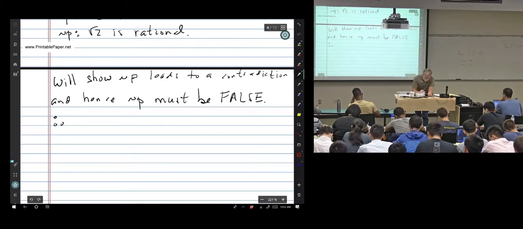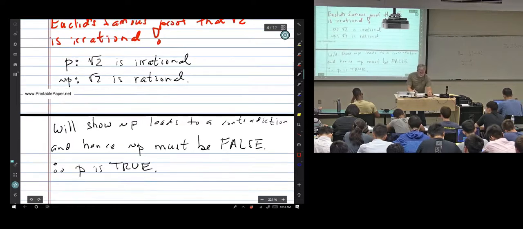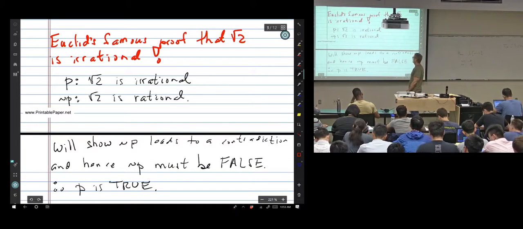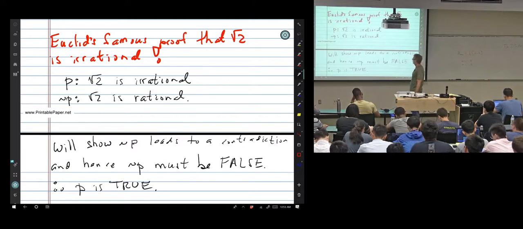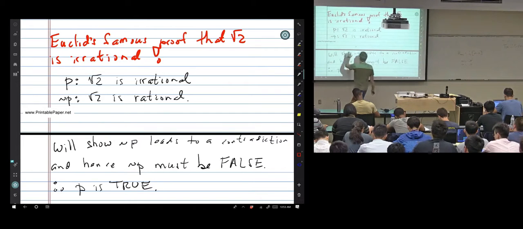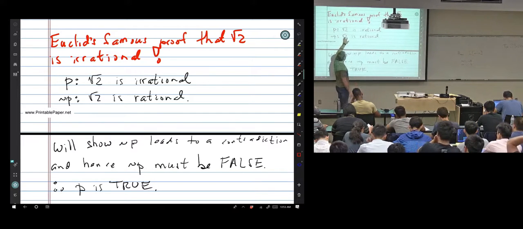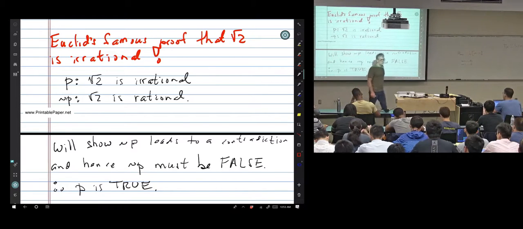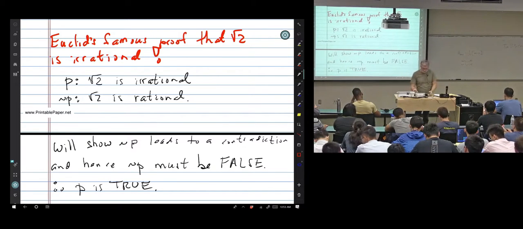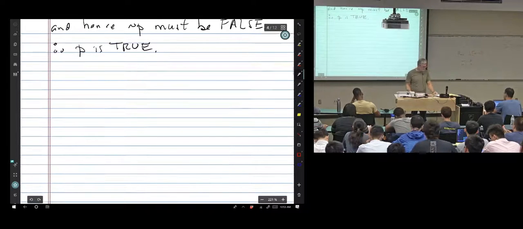Conclusion, P is true. So that's exactly what Euclid did. So how did he organize his argument to show that assuming it's rational, I can lead to something illogical like a statement that is both true and false?